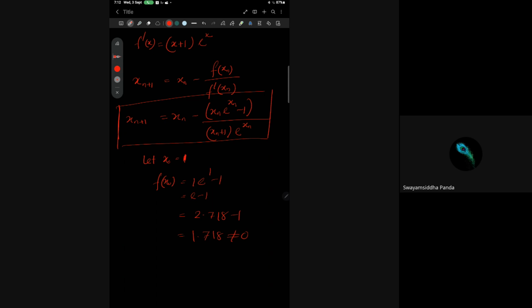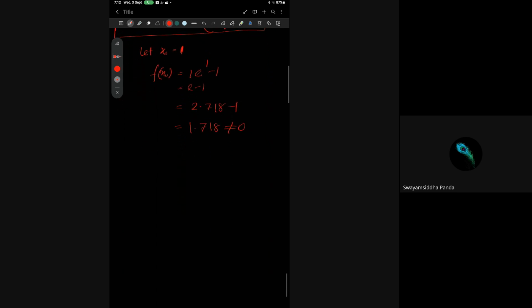Right? So now what you do, you have x naught. So make a column, let me erase it and write it: xn, f of xn, f prime xn, and then xn plus 1.